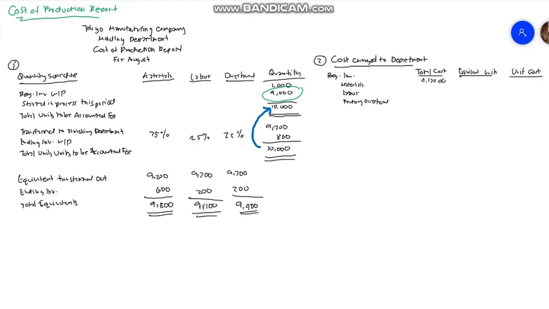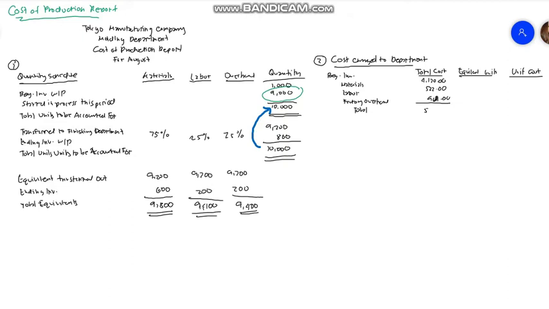Okay. So for the total cost, that was already written, so that's 4,120, 522, and 960. So total for that is this one, okay?